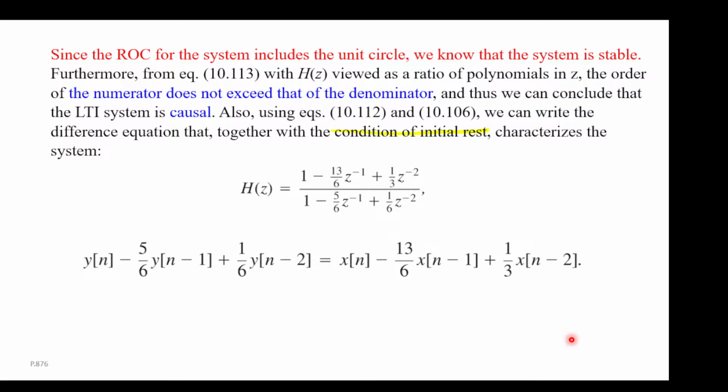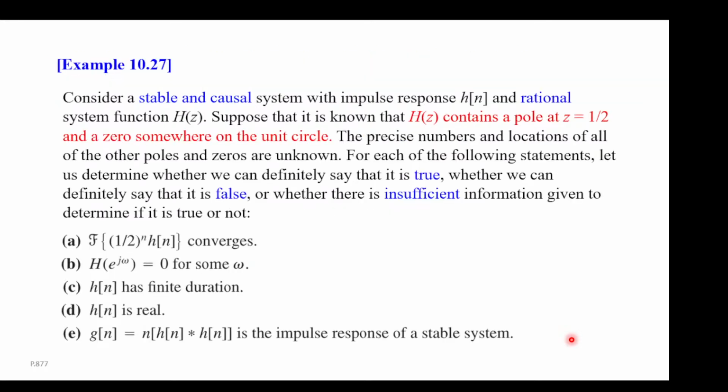Okay, we have 2 more minutes, so let's try to start the next question. Here is a kind of true and false question, but we don't have time to give you a try. We have some conditions here, and we will try to determine whether more conditions are true, false, or unknown. We have some impulse response, and the system is stable and causal, and we have some conditions on big H of z.